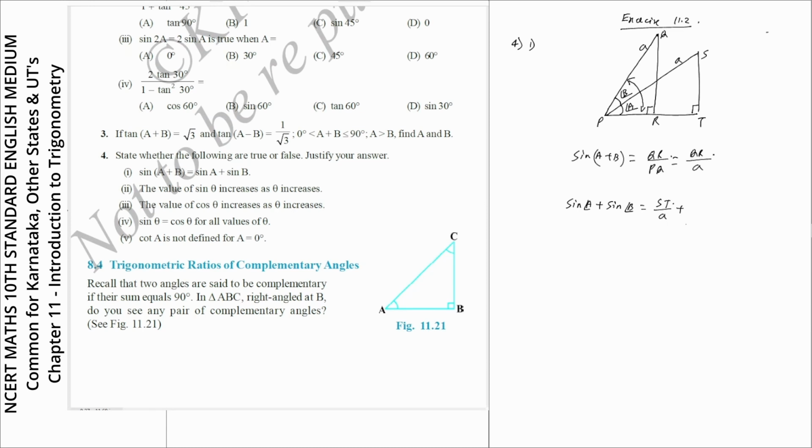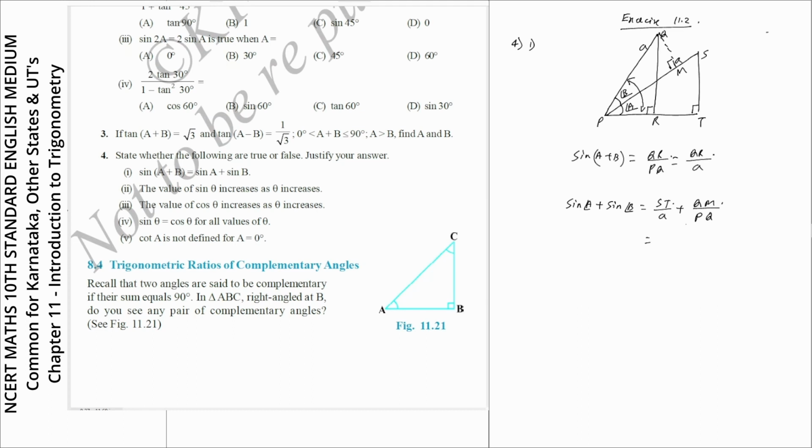Sine of B, now from point Q I'll draw one perpendicular to PS, like this, and let this perpendicular meet here at M. Now sine B is actually QM, opposite QM by hypotenuse, that is PQ.